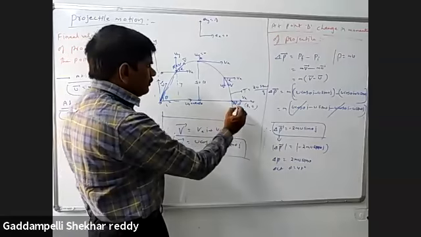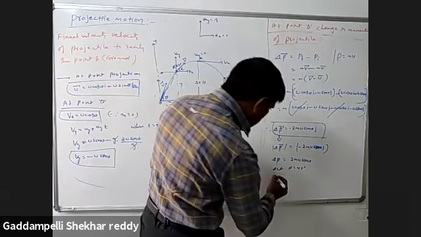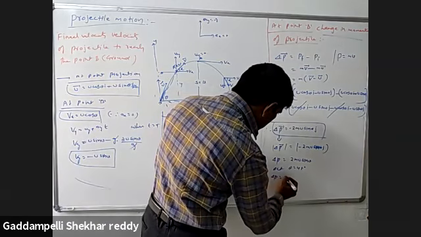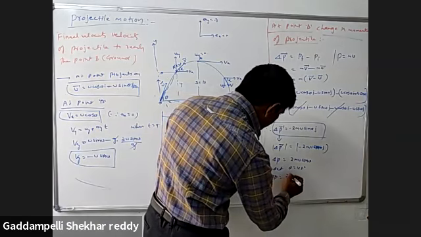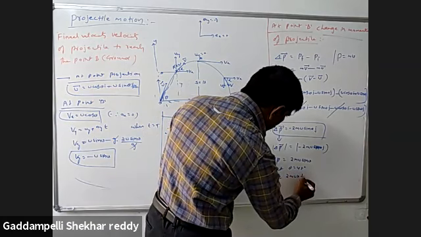So delta p is equal to 2m u, and sin 45 value is 1 by root 2.